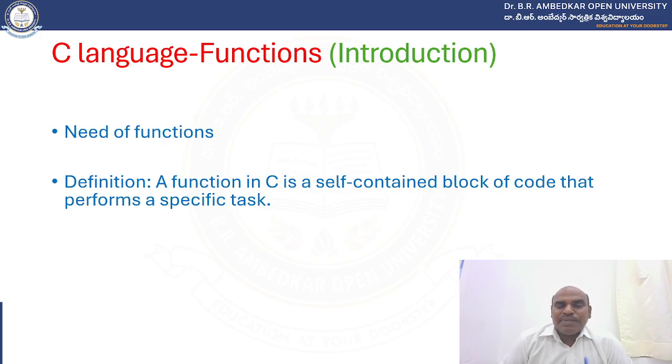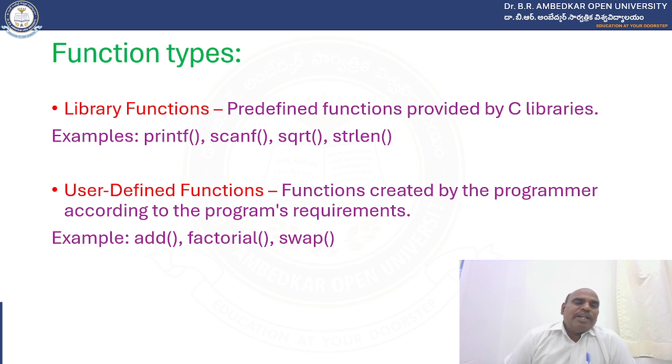In the C language, a block means opening braces to closing braces, and a set of instructions is inside. Once again, this set of instructions is in one block, and this block is performing the specific task. This is the definition. Then we are going to learn about types.